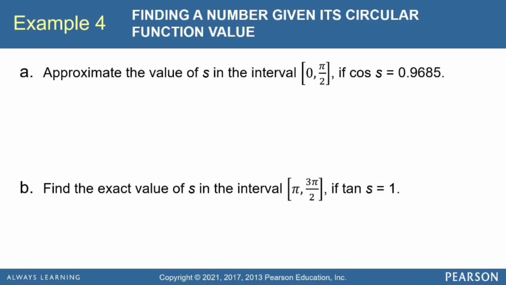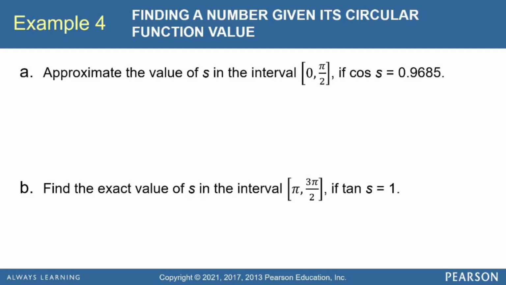Now here in example 4, we are kind of working backwards. So part A says approximate the value of s in the interval from 0 to pi over 2 if the cosine of s is 0.9685. So 0 to pi over 2 is equivalent to 0 to 90 degrees, and so we're looking for a first quadrant angle.